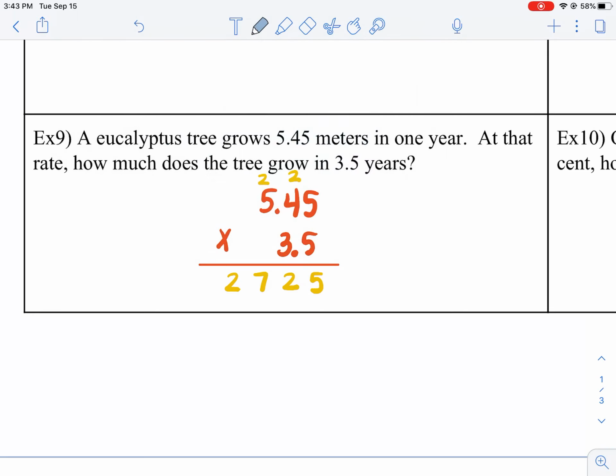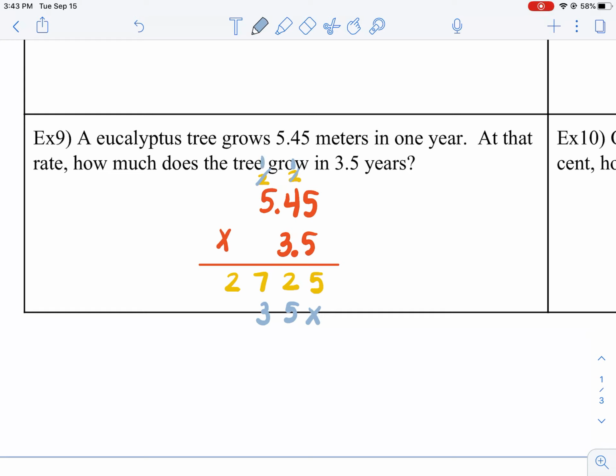Now we have to multiply the 3 by everything on top. So I'm going to put my placeholder here. I have 3 times 5, which is 15. 3 times 4, which is 12, plus 1, and we could cross out these ones from before. 12 plus 1, which is 13.